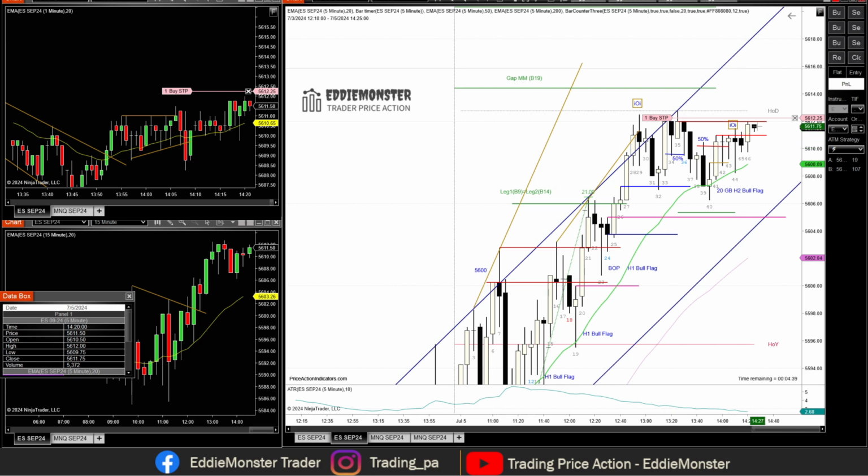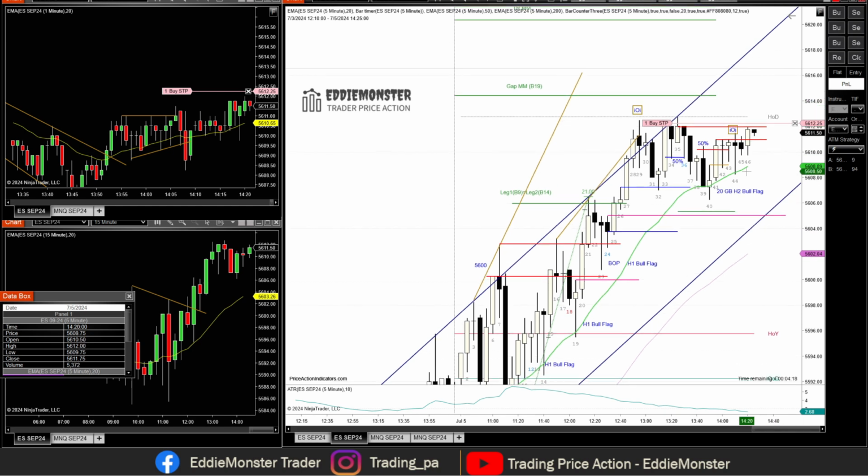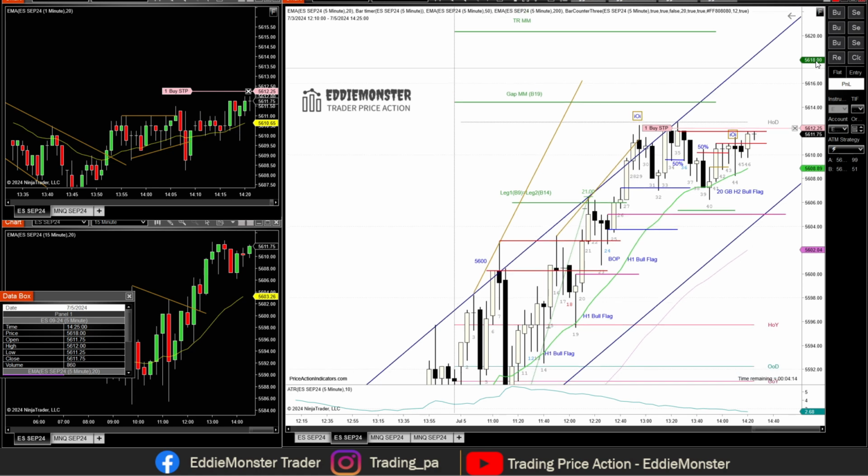You can sell it if you wanted to, thinking of a final flag, and then a deeper pullback here, but I'm thinking more in bull continuation here.